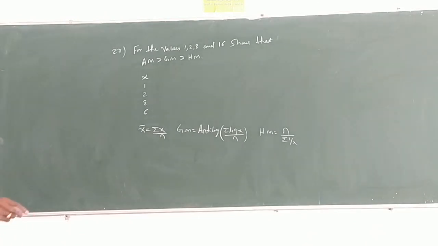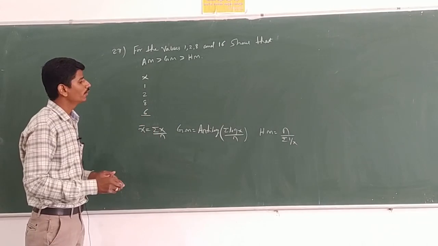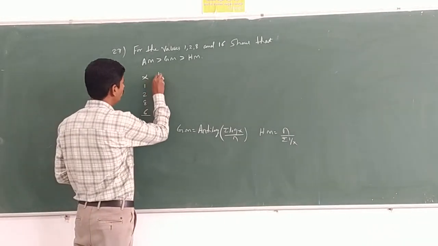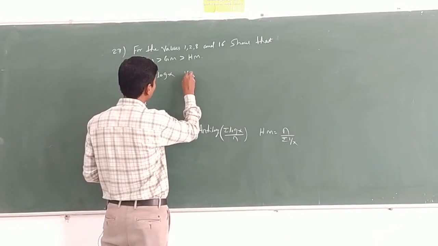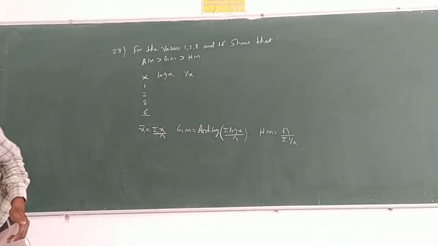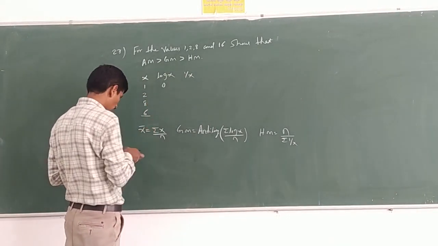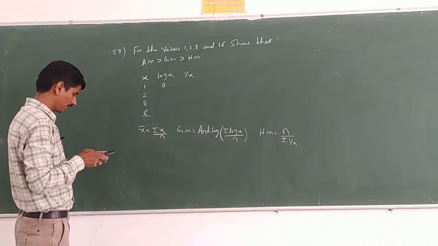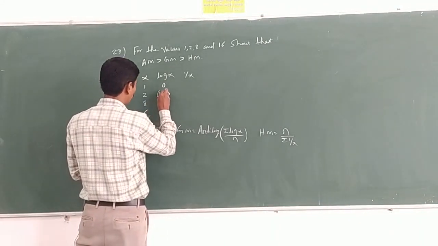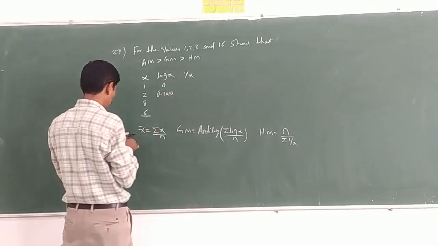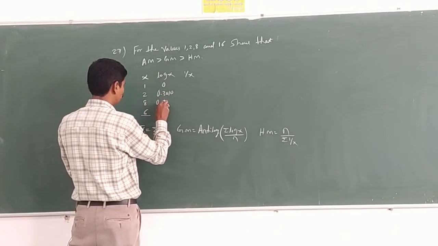Here we want sum of x. Next, for GM you have to find log x value. The next, in harmonic mean you want 1 by x. Here first we have to find log x. Log 1 is 0. The next, log 2 is 0.3010. The next, log 8 is 0.9030.